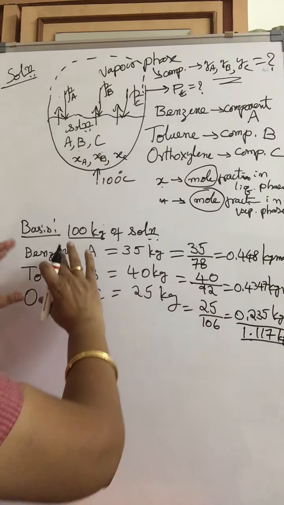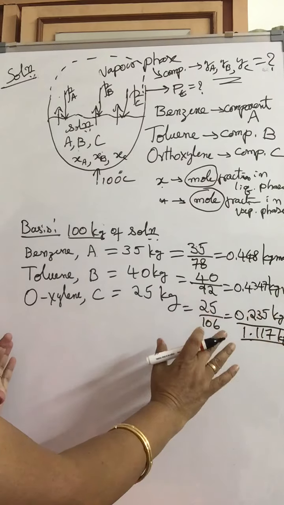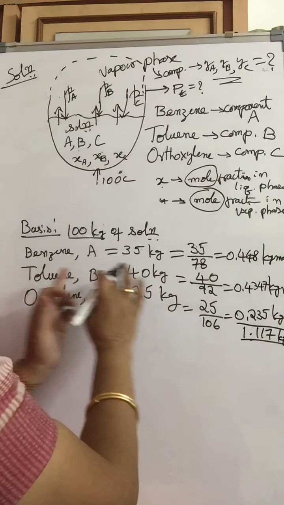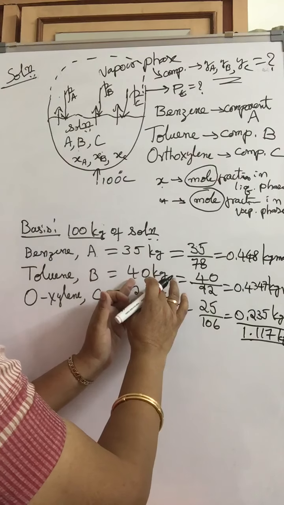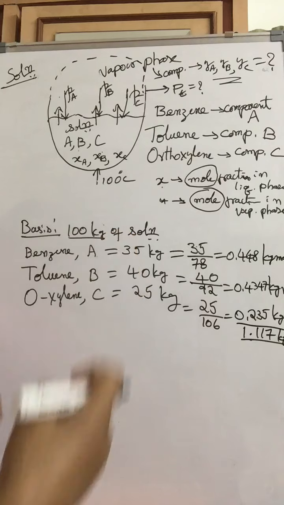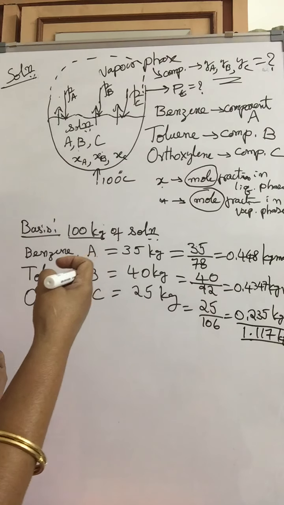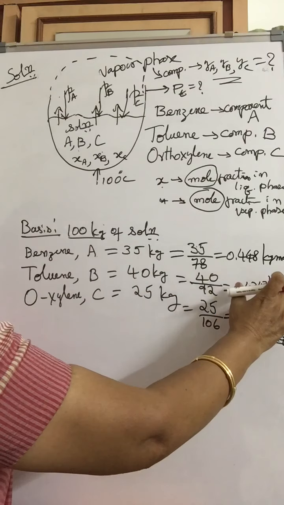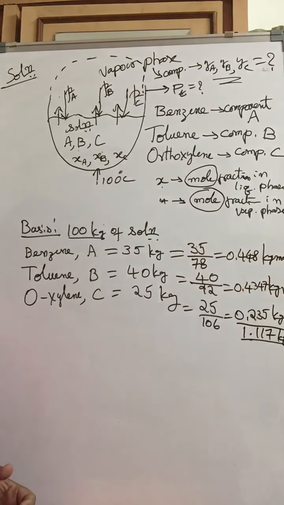This tabular column is convenient: benzene, what weight, what moles; toluene, component B, what weight, what moles. Whatever you want, you can easily pick it out. If you want the weight of toluene, or the moles of toluene, you can pick it out.